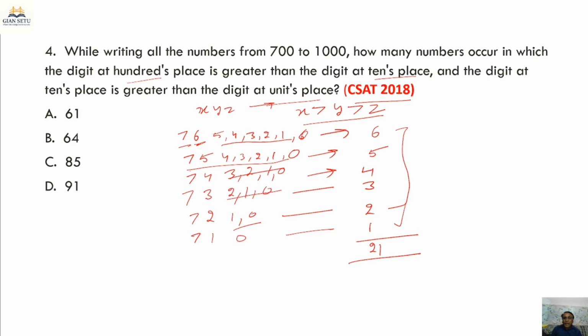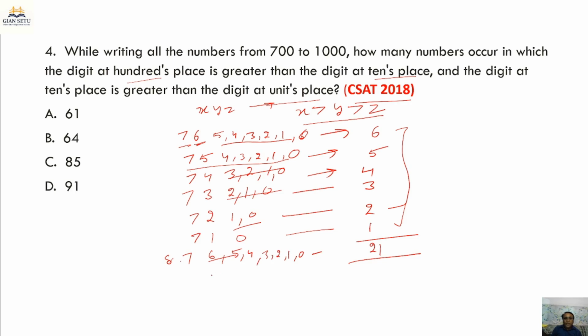Now suppose we have 8 at hundreds place. In that case we can have 7 at tens place, and at units place we can have from 6 to 0: 6, 5, 4, 3, 2, 1, 0.